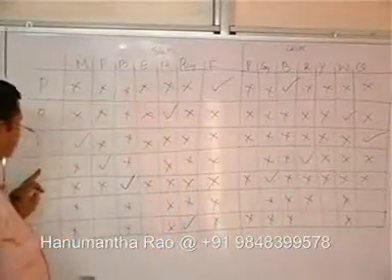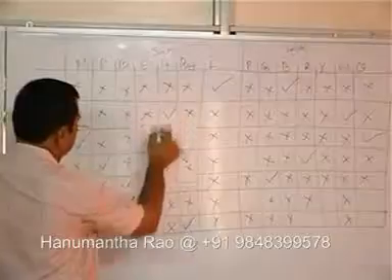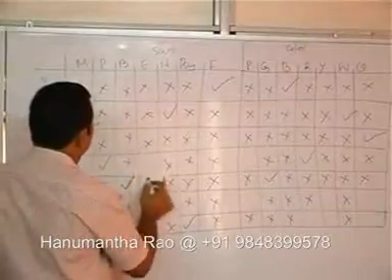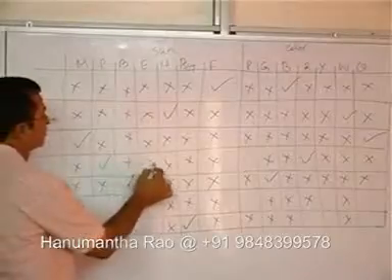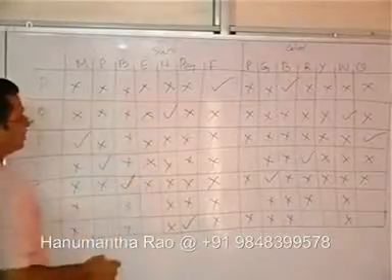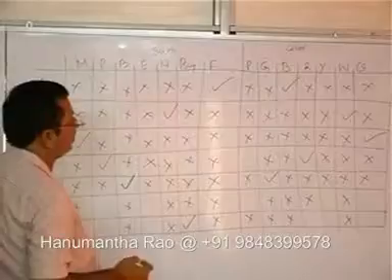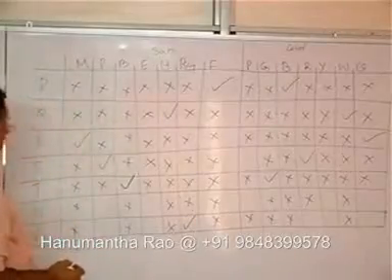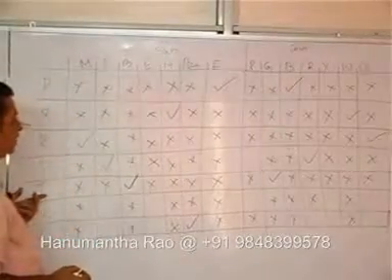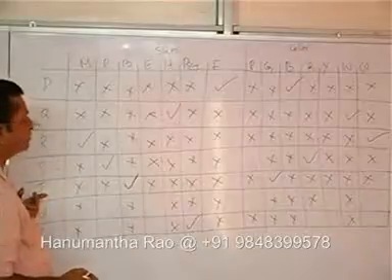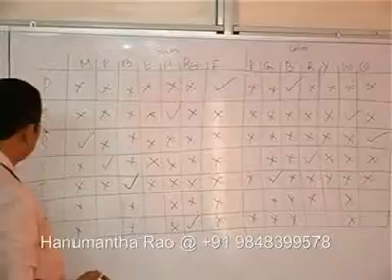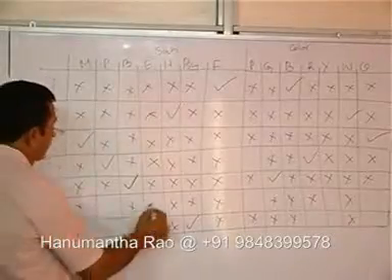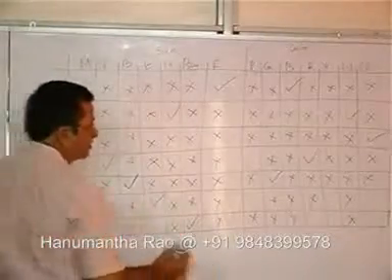Next, S is physics, and red we have filled. And then T is filled up. U teaches English and likes pink color.